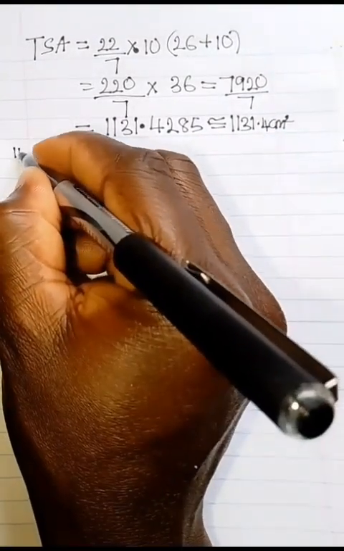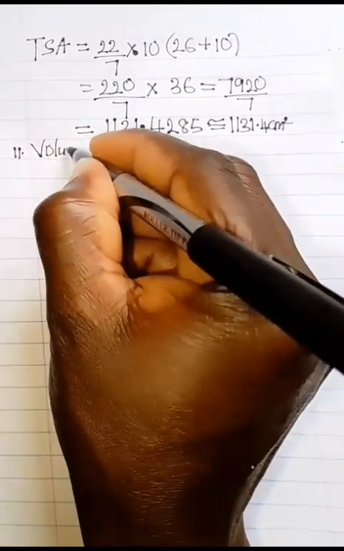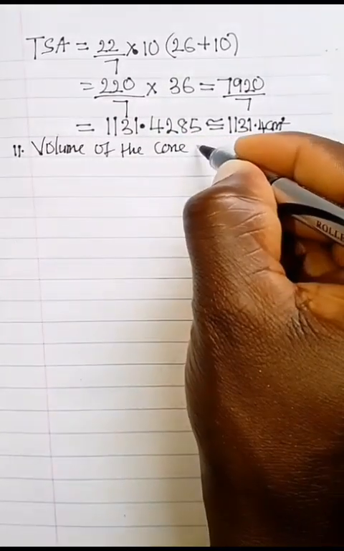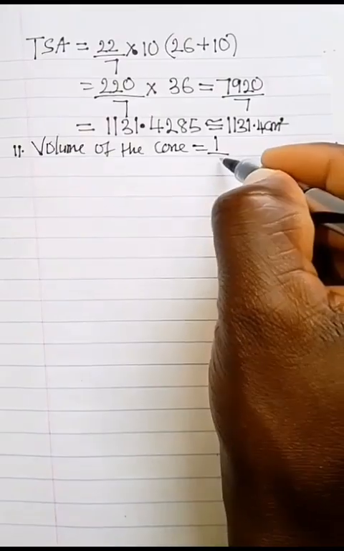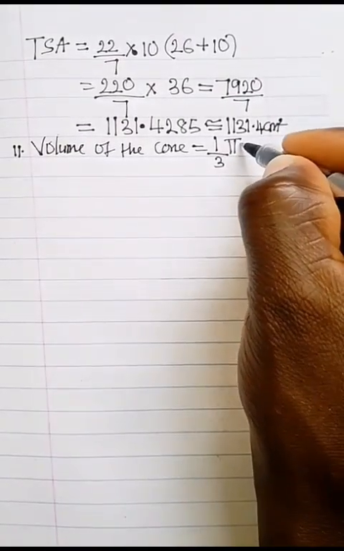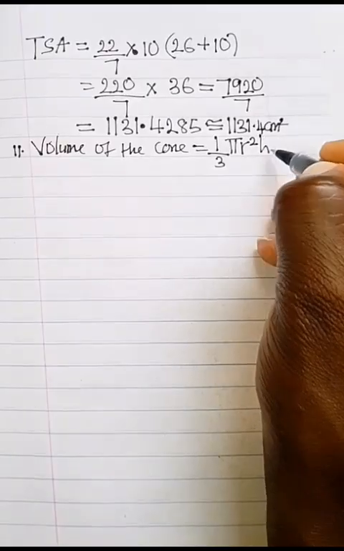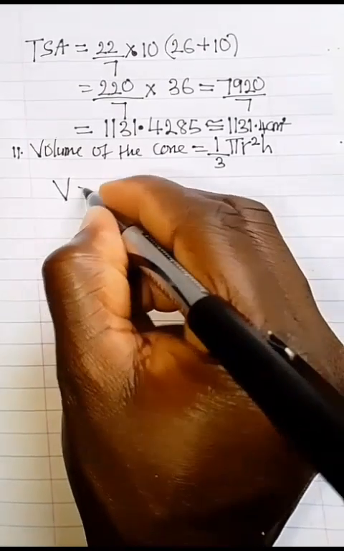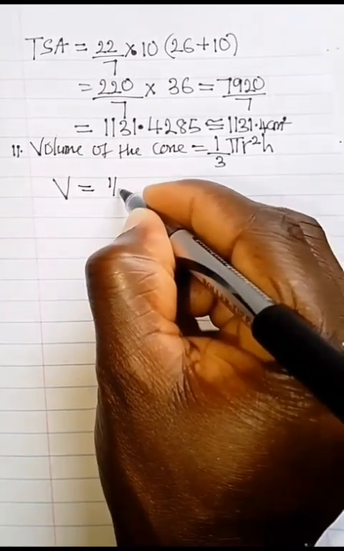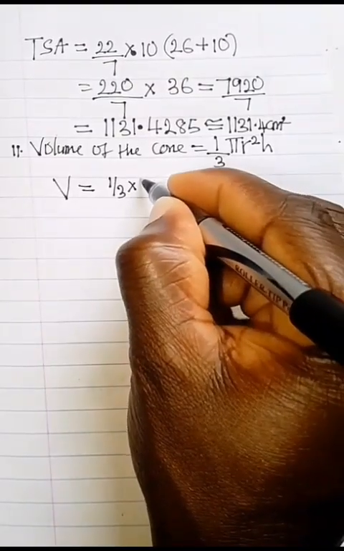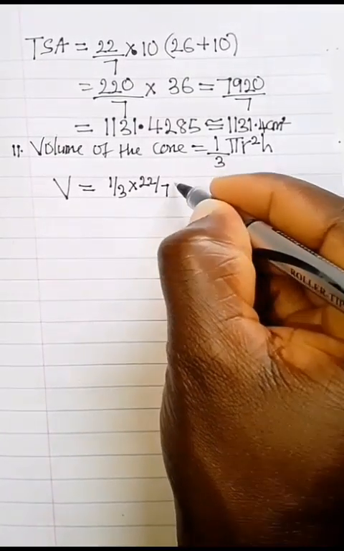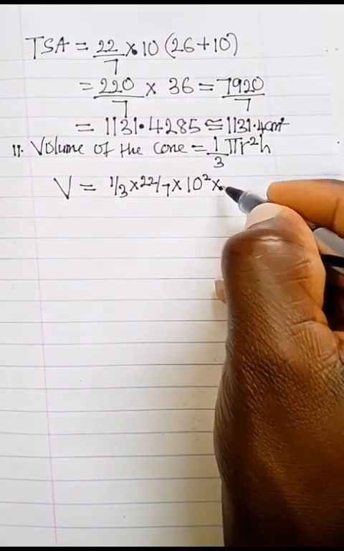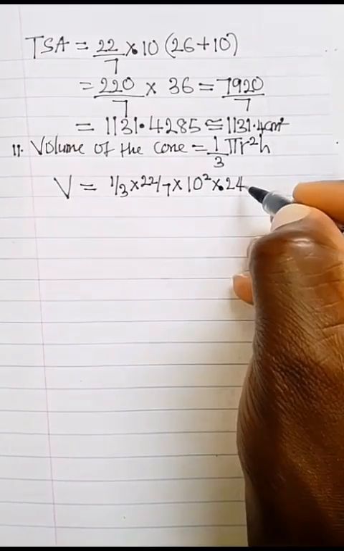Roman figure 2, we are to find the volume of the cone, and the formula is 1 over 3 pi r squared h. The volume V is equal to 1 over 3 times pi, 22 over 7, times radius 10 squared times height 24.